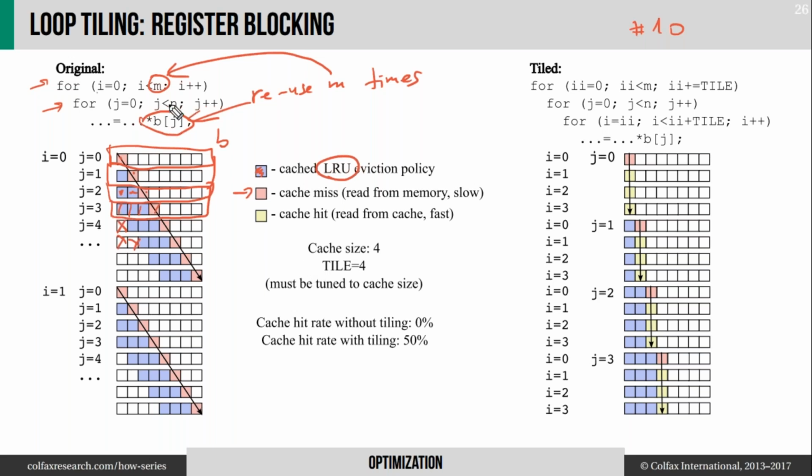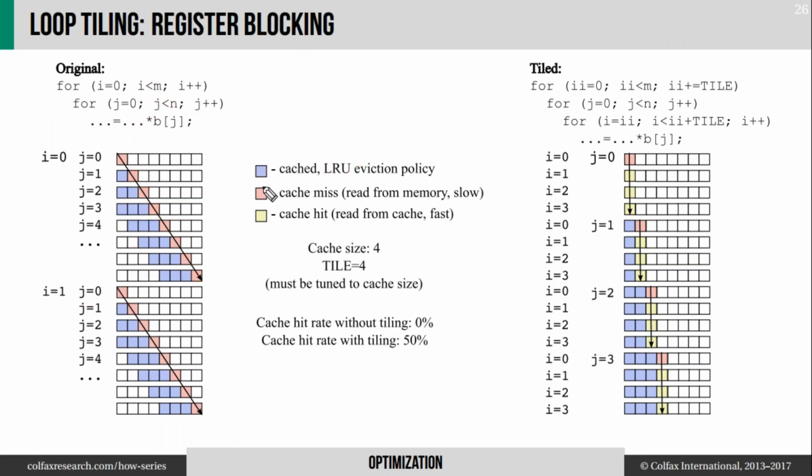So by the time I finish this loop, I will only have the tail of B inside the cache, and the beginning will be gone. So when I come back to j0 and start reading this element once again, well, I am reusing it, but I'm reusing it so infrequently that I don't find it in the cache, and it's a red square again, cache miss.